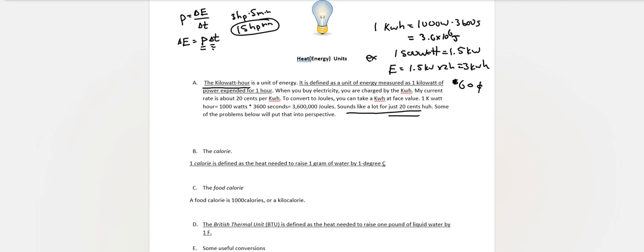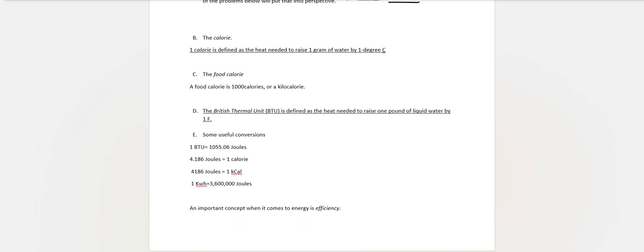Other units of energy that we're going to be talking quite a bit about: the calorie is another common unit of energy in thermodynamic problems. And here's how the calorie is defined: heat needed to raise 1 gram of water by 1 degree C. The food calorie is another common unit. A food calorie is 1,000 calories, also called a kilocalorie. So when you drink a Coca-Cola and it says 60 calories, those are food calories.